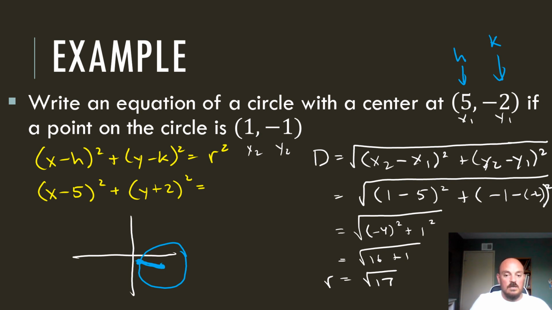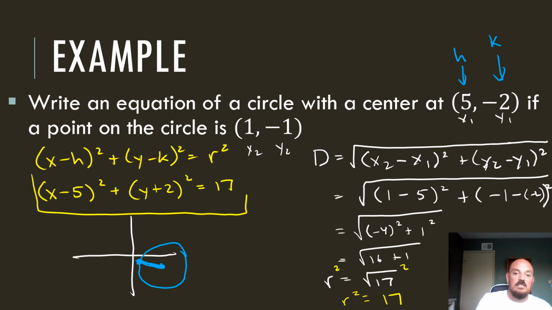Well, if r is the square root of 17, and I square both sides of the equation, then r squared just equals regular 17. Because remember, a square and a square root cancel each other out, they're inverses. If I have a square root of a number, and I square it, I just get that number. So I put the 17 right here, and that is the answer to the question.